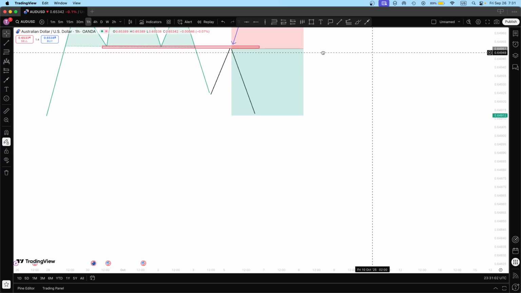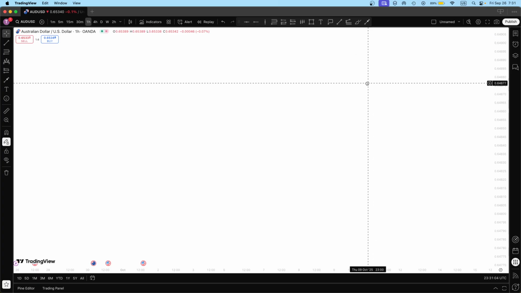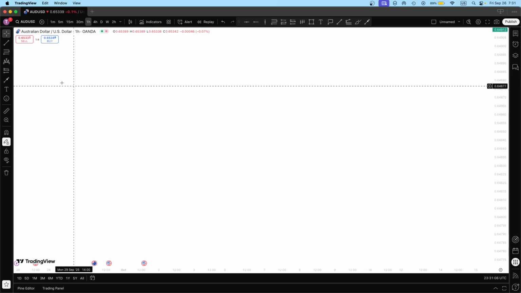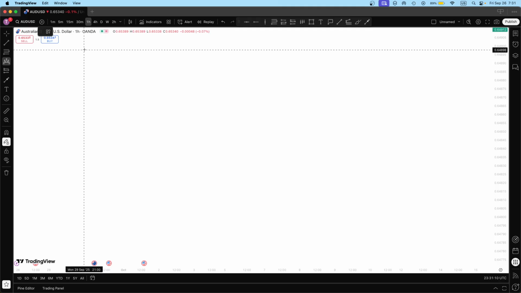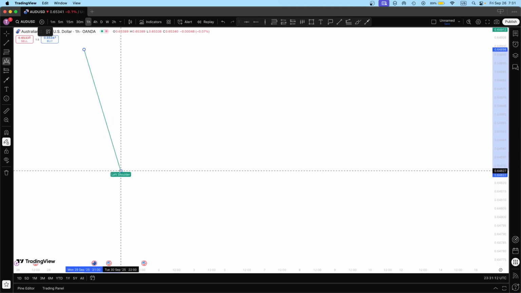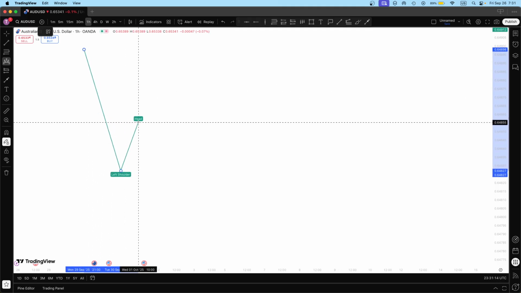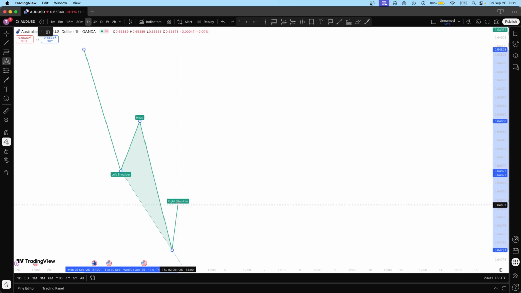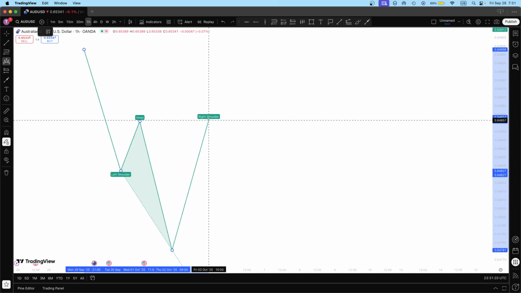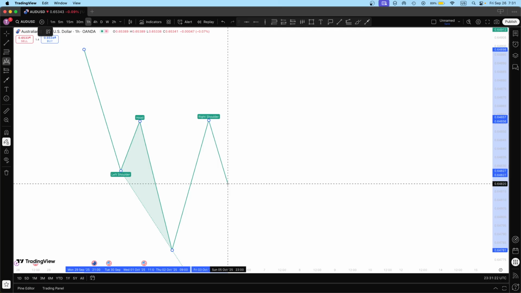And then you have inverse head and shoulders. Inverse head and shoulders is the opposite. Market trending down, retracement, advance further down. No, sorry, this one is wrong.